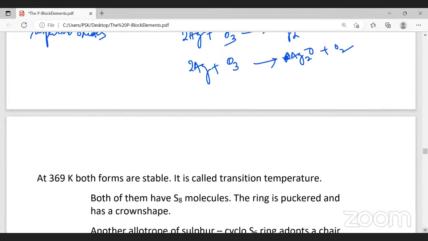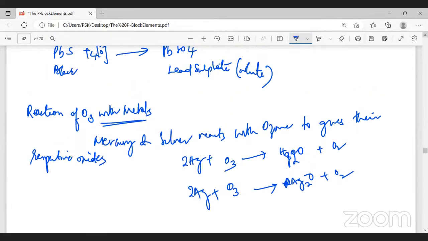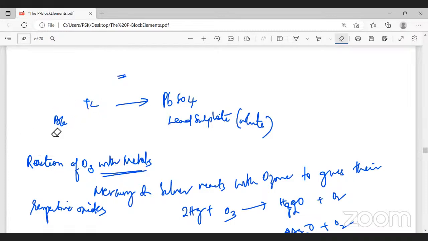And what are the uses of ozone? Before we learn the uses of ozone, we should understand the depletion of ozone layer. I'll erase this part and explain the depletion of ozone layer.